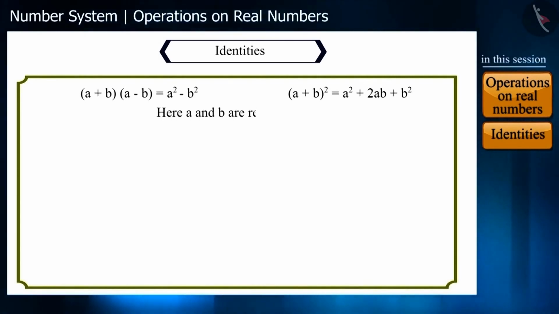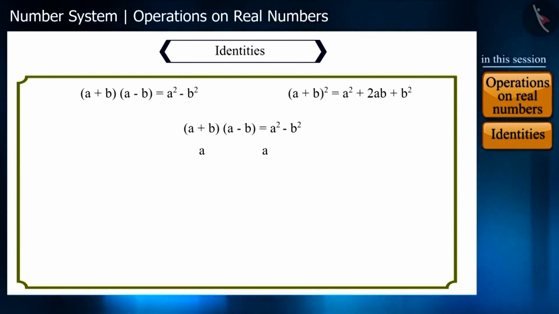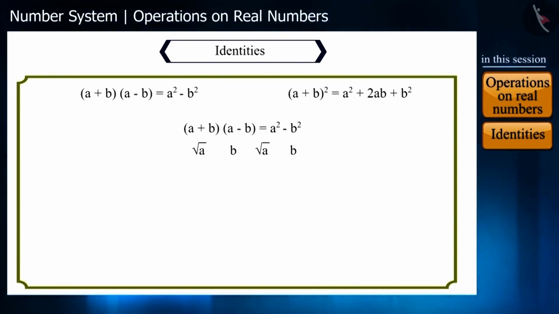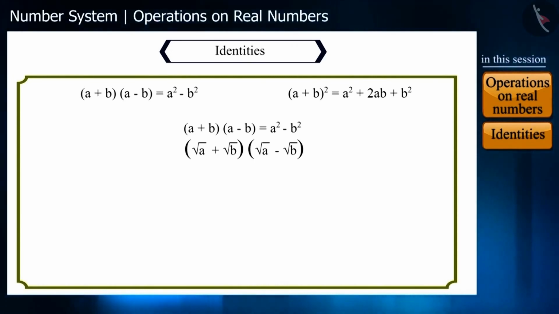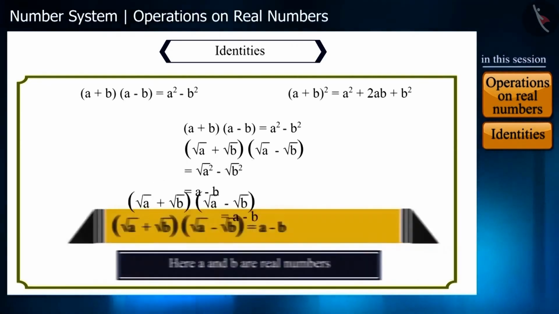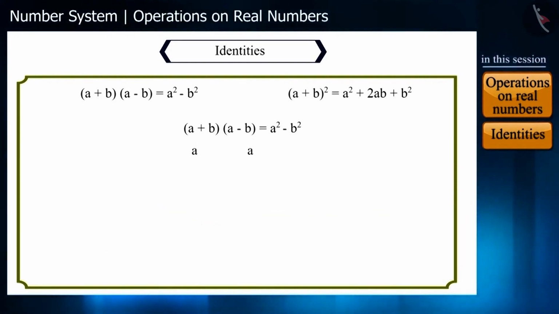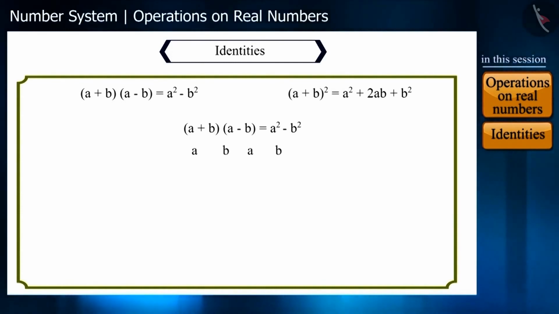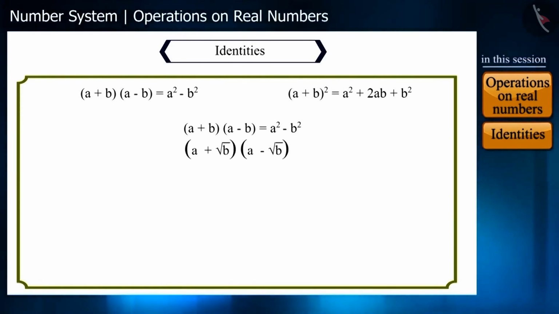Here, a and b are real numbers. Now if we replace a by root a and b by root b in the first identity, we will get this. And here, if we keep a as it is and replace b by root b, we will get this.